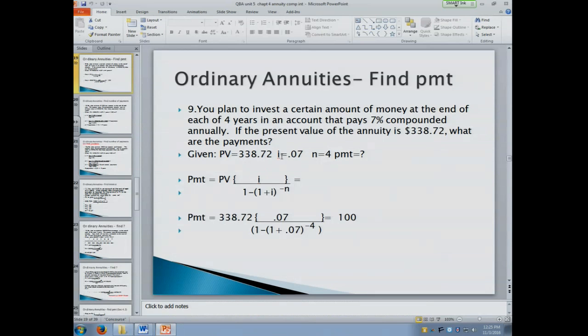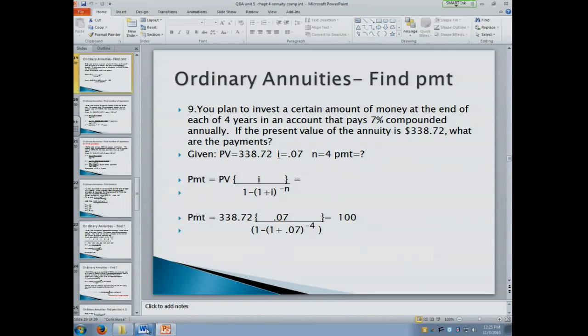So it's very important you write down the givens, because that will guide you into selecting the correct formula. I gave you the present value. I gave you i. i is 0.07 divided by 1 because it's annual. And payments are 4 times 1. We're looking for the payment, and I strongly recommend you write payment equals question mark. You're looking for a formula with payment.